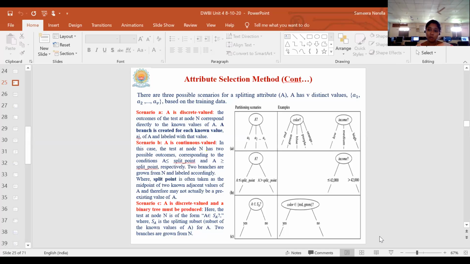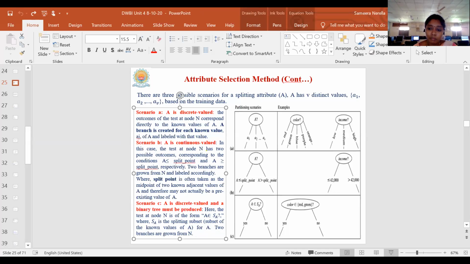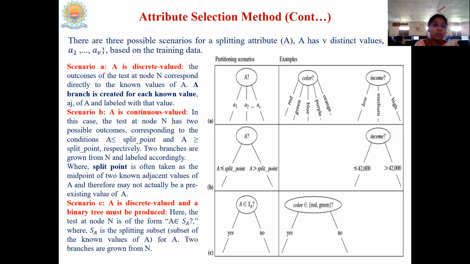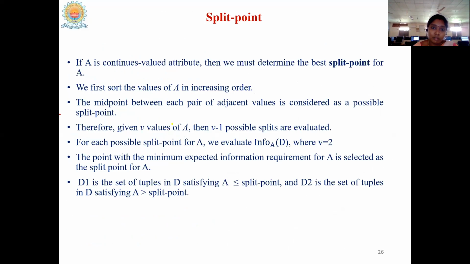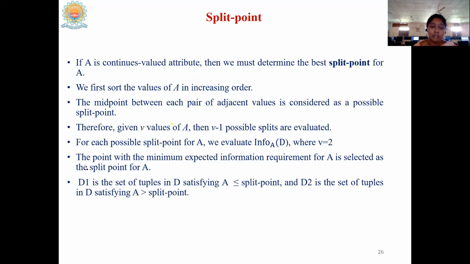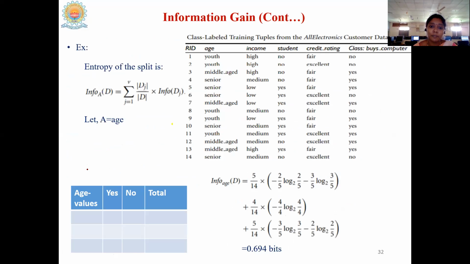So now we need to only consider these two cases. We don't consider the first case. For what? For the GINI index. For the GINI index, we don't consider the first case.